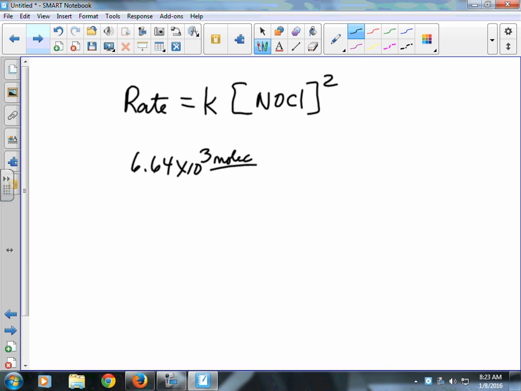Concentration 1 times 10 to the 16th. Now we solve for K.